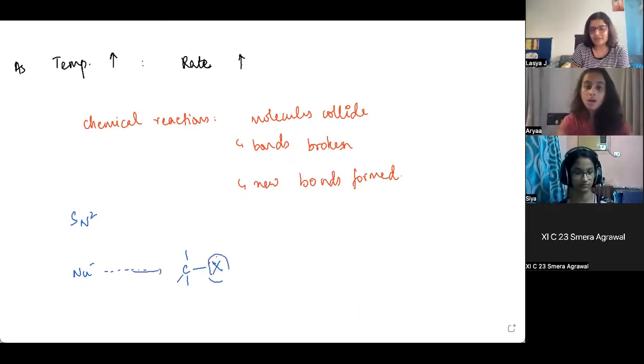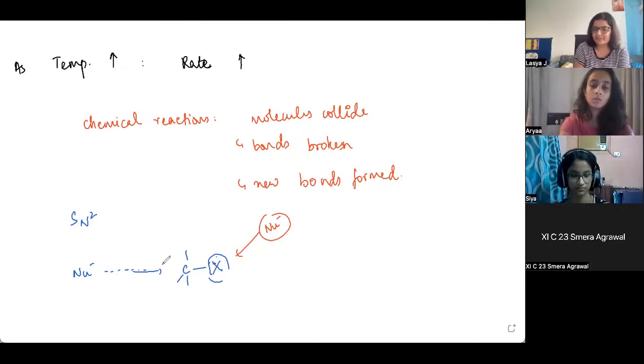If you have another nucleophile approaching from this direction, there is going to be no reaction. It needs to happen in a very specific way. Once it approaches from the backside, this bond starts to break, this bond starts to form, and after the reaction you finally have the new product and X minus, basically different products.